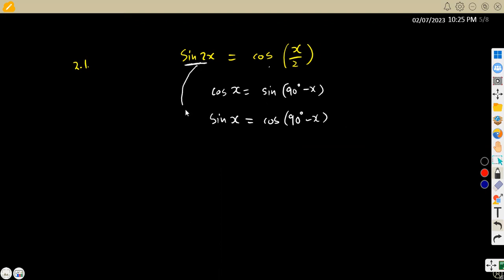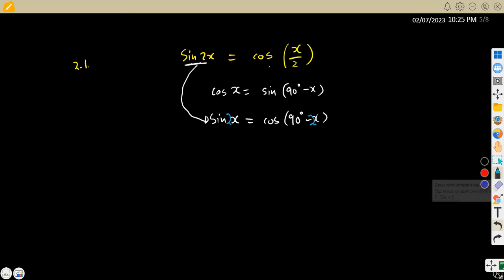So I'm going to change sine 2x the same way sine x was changed to cos. If it is x, then here is going to be x. So if we write sine 2x, it is going to be 90 minus 2x.